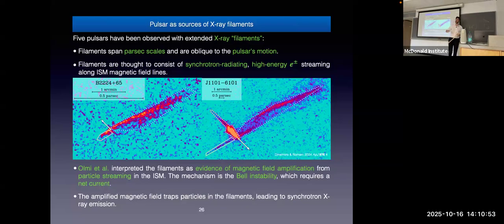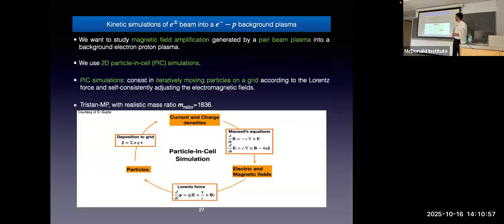Particle-in-cell simulations, or kinetic plasma simulations, are a technique that is quite computationally expensive usually, in which basically you can create an idealistic model of your problem.